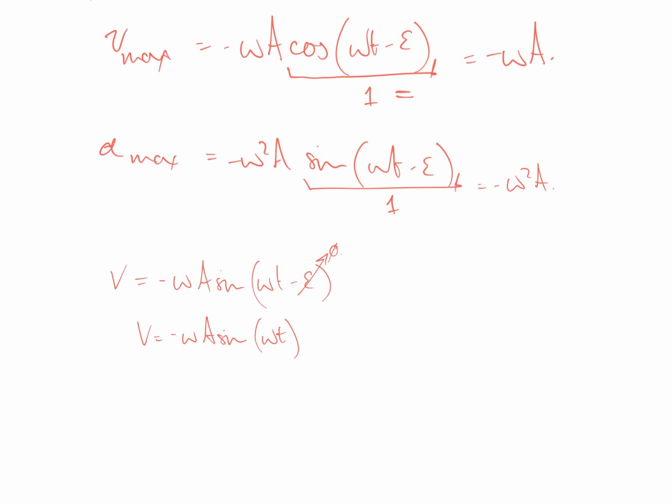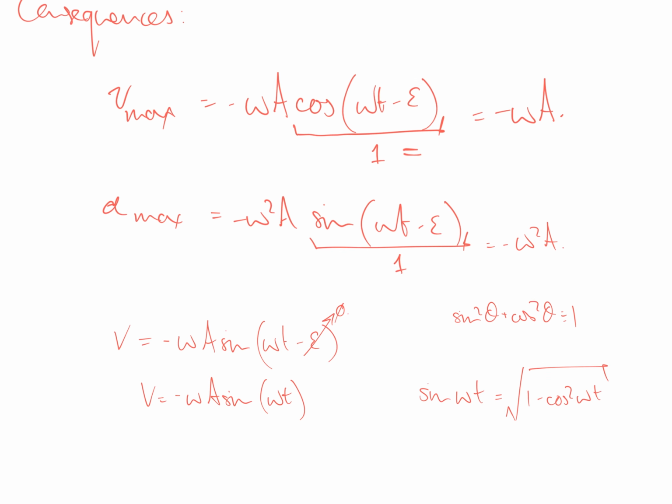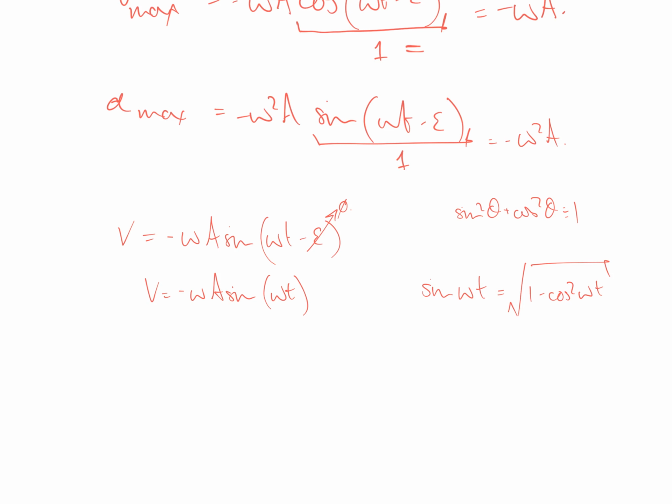And we also know that sine of omega t is the same as the square root of 1 minus cosine squared of omega t. Now I'll tell you why. It's because of the trig identity, sine squared theta plus cos squared theta is 1 in all cases. Now what's my expression for cos omega t? Well, I'll put this in blue.